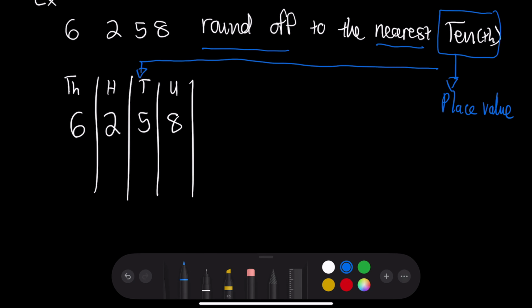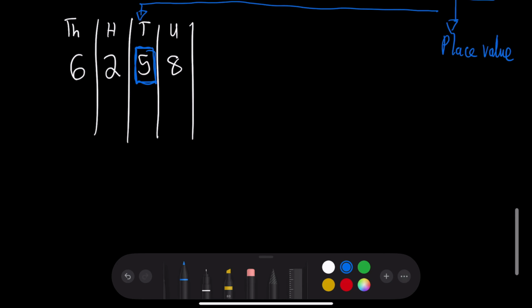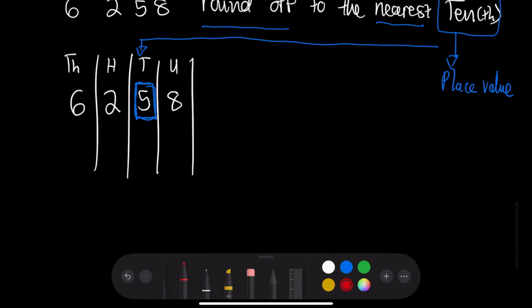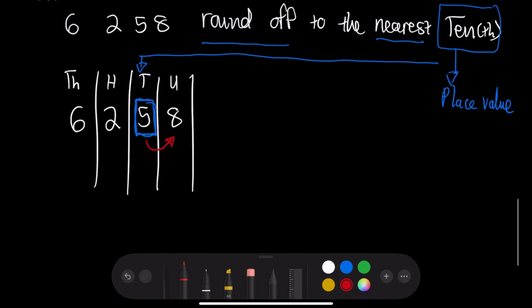And what digit do I have here? I have the digit 5. Then I look to the right of my place value, and that's the digit 8.